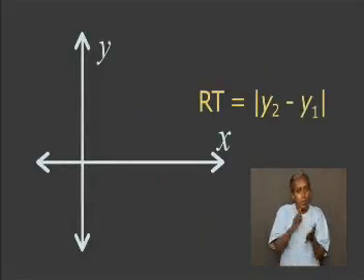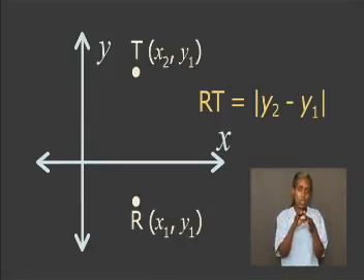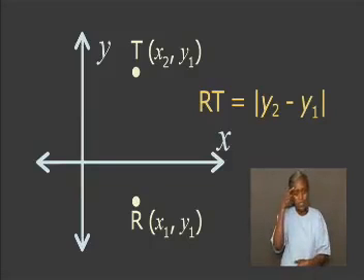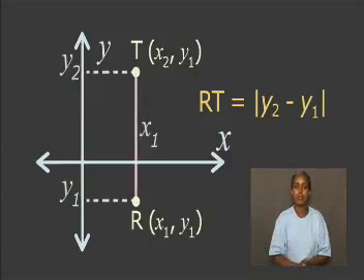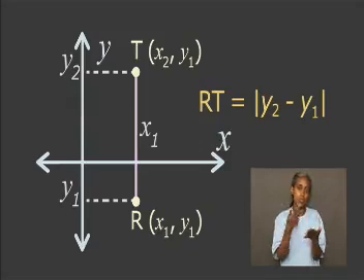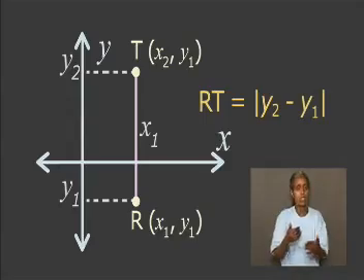What if 2 points have the same x-coordinate but different y-coordinates? In such a case, the points will form a vertical line. The distance between these points can be found by subtracting their y-coordinates. Students, there is a third possibility to consider when finding the distance between 2 points in a plane.